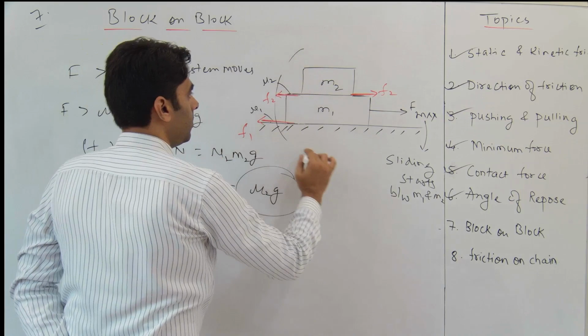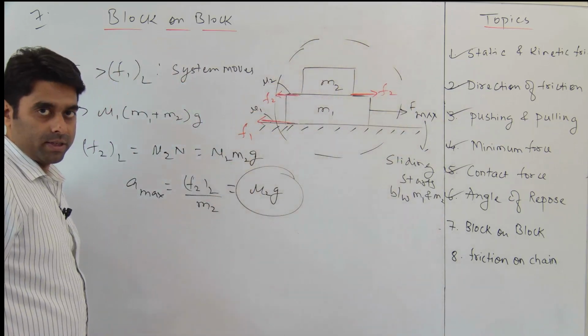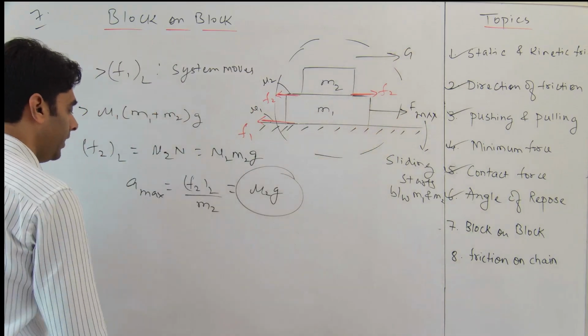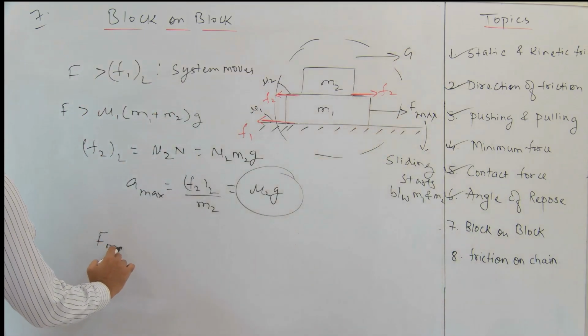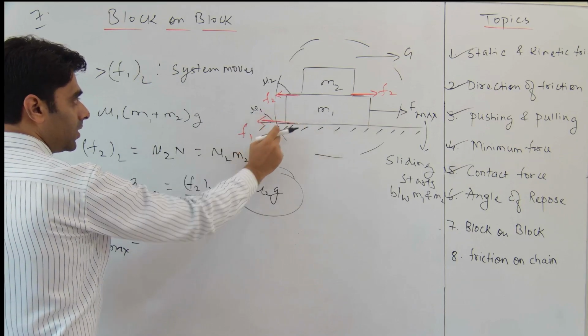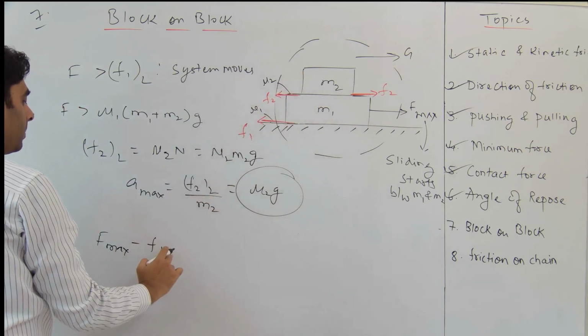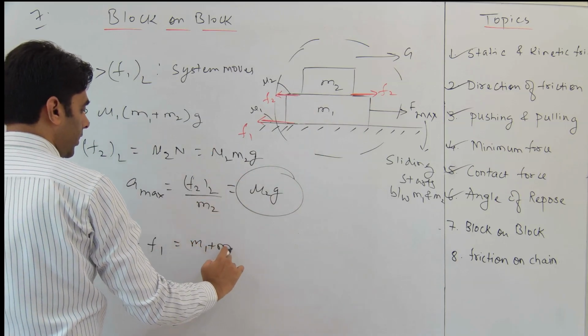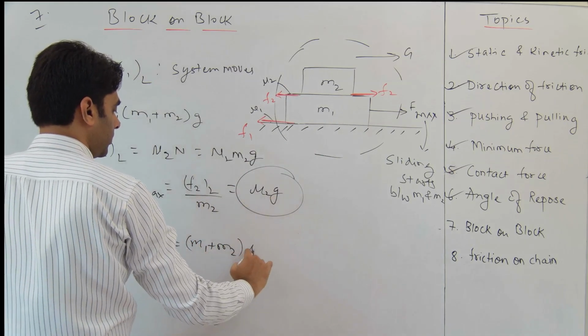So considering both of them as a part of a system, because they will be moving together with the same acceleration, we can write F max minus F1, the external friction from the ground on the system, is equal to (m1 plus m2) into acceleration. Acceleration is mu2g.